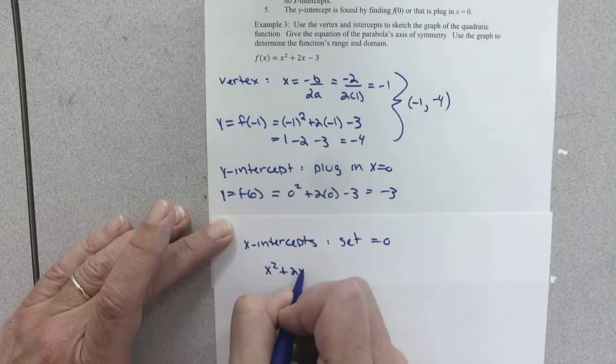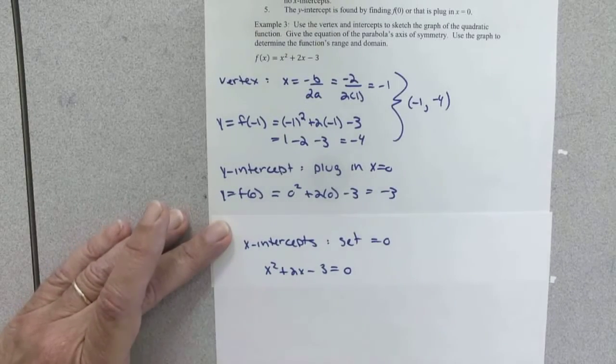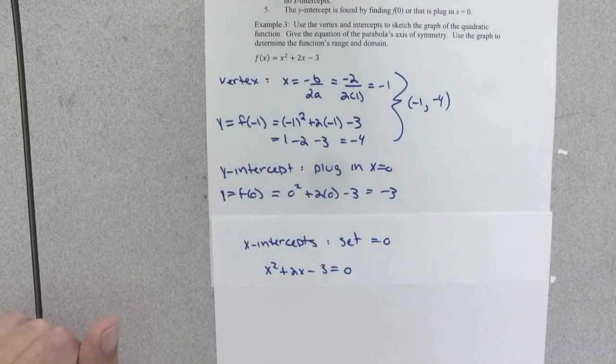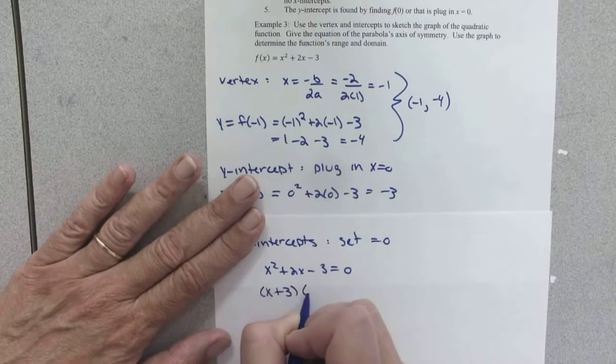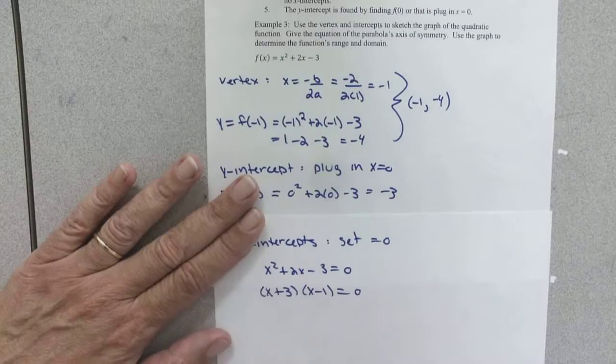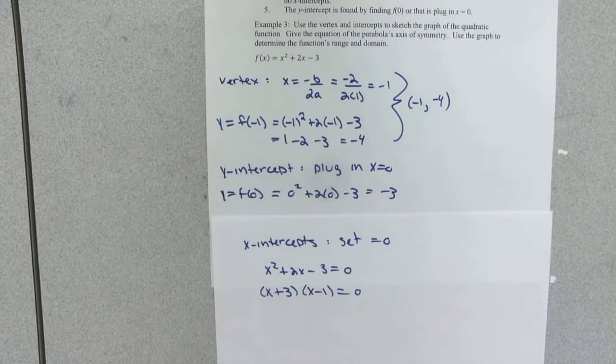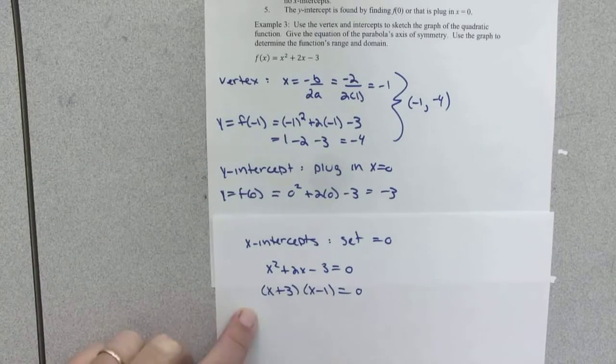So x squared plus 2x minus 3 equals 0. And then solve that in your favorite manner. Since it's all multiplied out like that, best bet is either going to be the quadratic formula or factoring, whichever seems to work for you. This guy factors pretty easily to x plus 3, x minus 1.